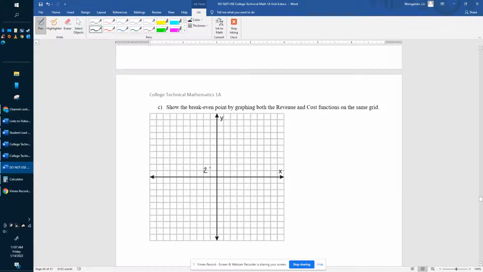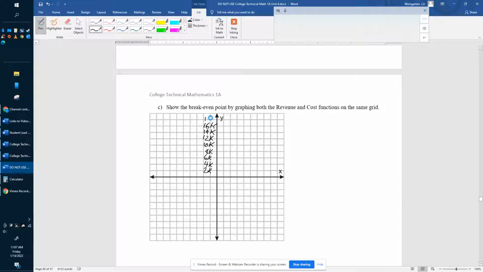So 2K, 4K, K meaning 1,000. Let's do our x's in tens.